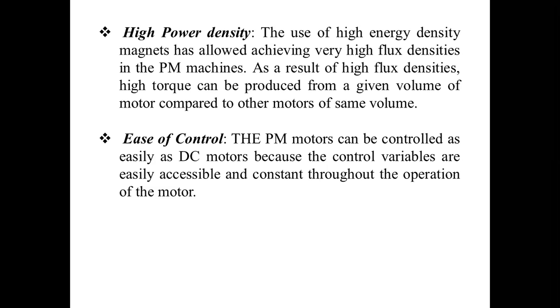If you are using permanent magnets as the excitation, here the conductor size of the armature winding can be varied. Therefore, equally the torque can be increased. That is, the power density can be increased.